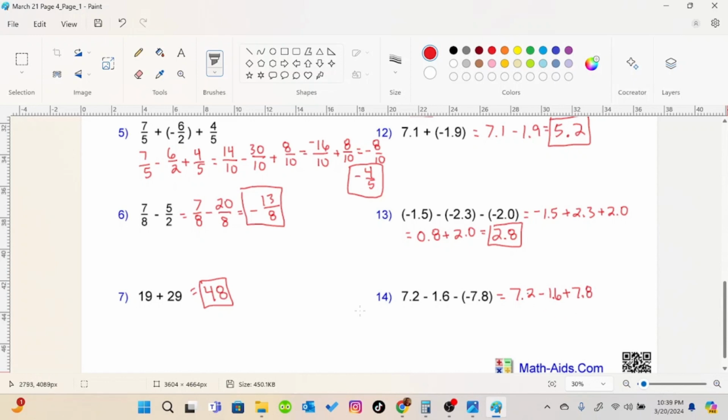So 7.2 minus 1.6 becomes 5.6. And 5.6 plus 7.8 equals 13.4.